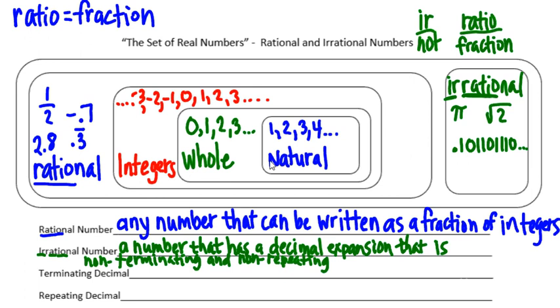Okay? So a number that has a decimal expansion that is non-terminating and non-repeating. It has to be both. You might want to underline "and" there to remind you that it has to be both.